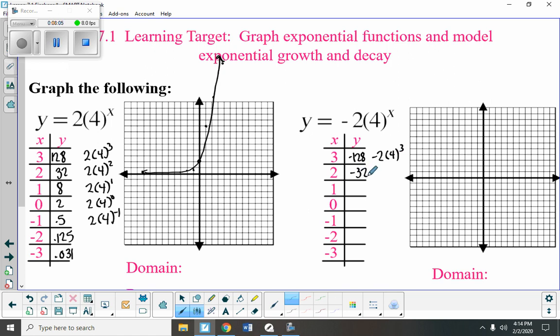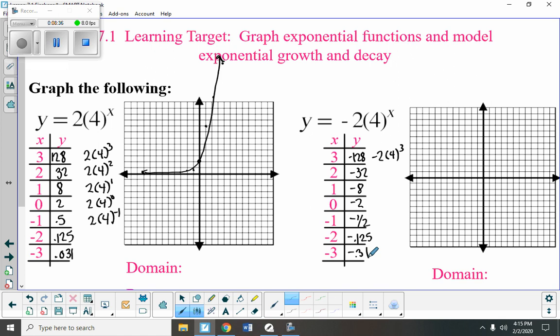Arrow up and change it to 1. We get -8. -2. Put in a -1. We have -1/2. And hopefully you're noticing that these values are all the same. It's just that we're multiplying by a -2 instead. So all of your values are going to be just negative. Your outputs are.